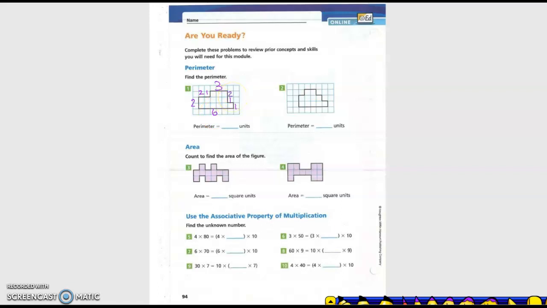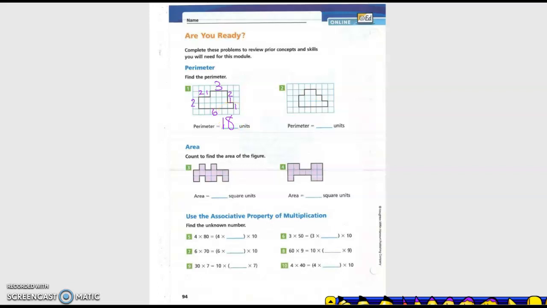Okay, so if I go and add all those up, and I work around the clock, so 3 plus 2, plus 1, plus 1, plus 6, plus 2, plus 2, plus 1, so 18 units. Okay, let's start at the top and work around the clock again to write them.